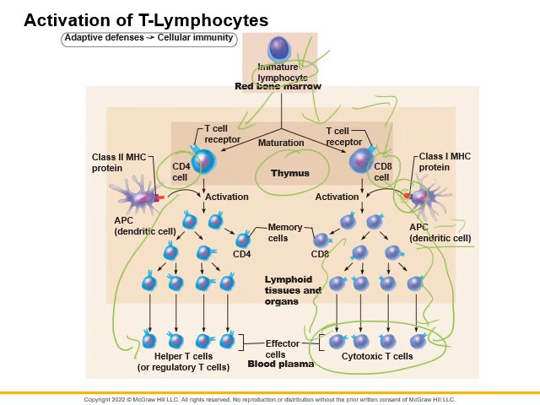And they're specific to this antigen. So this receptor is specific to this antigen so that these cells can bind and destroy pathogens with that tag. Pathogens with that specific antigen. They're also going to create these helper T cells.